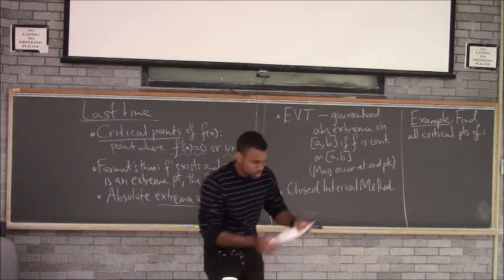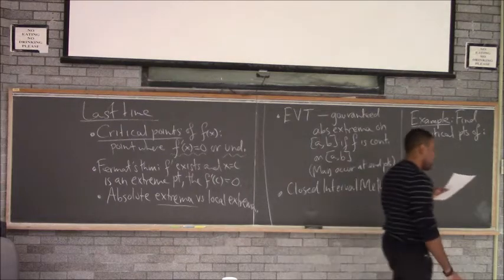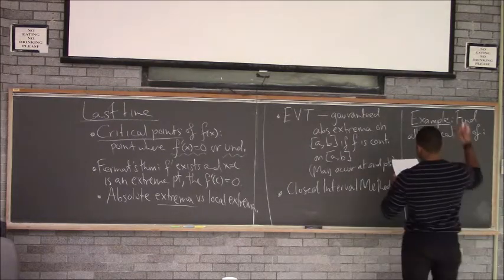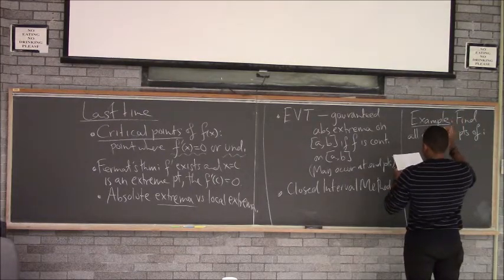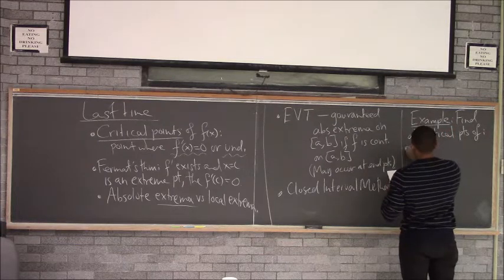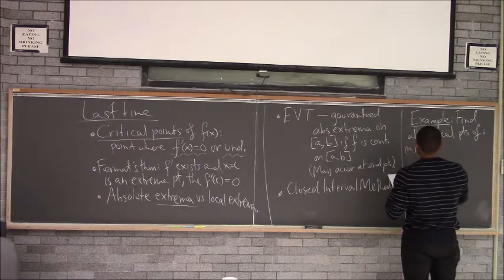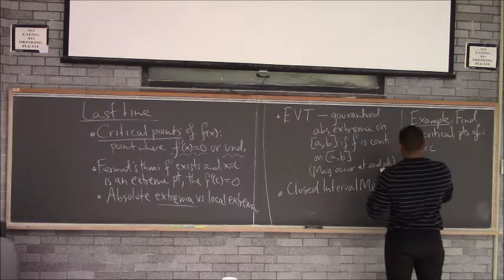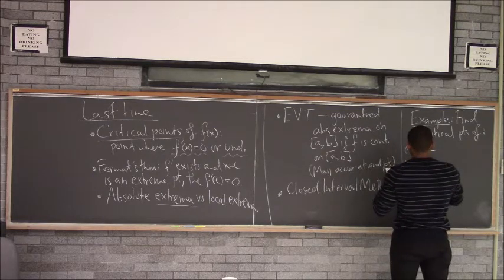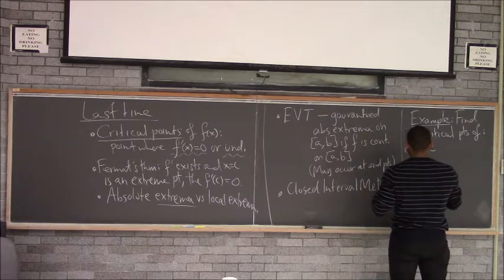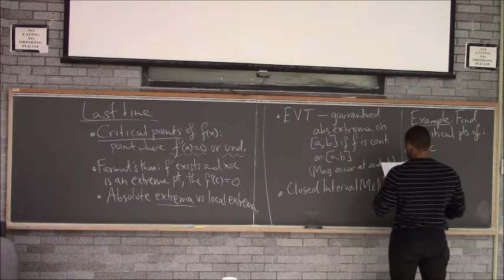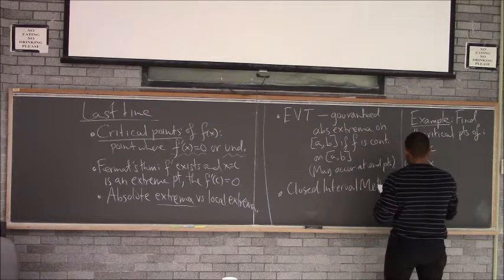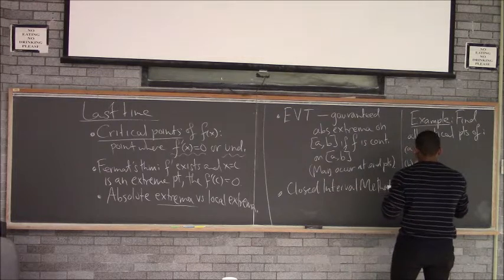Let's do some examples. And we're going to do a few because I want to make sure that you understand this. A: y equals c, where c is a constant. B: y equals x. C: y equals the absolute value of x. D: y equals x cubed.